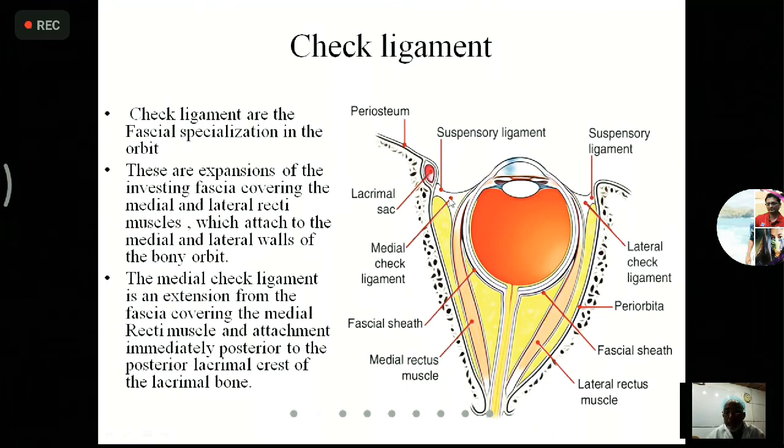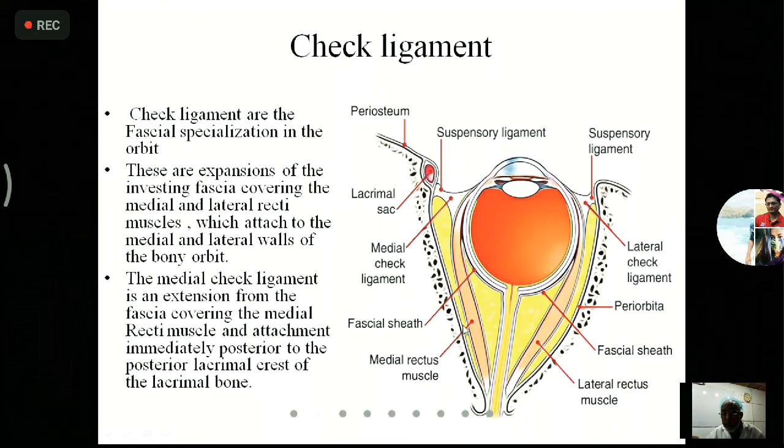This is the medial check ligament, and this is the lateral check ligament. The check ligaments are extensions from the fascia covering the medial rectus muscle and attached immediately posterior to the posterior lacrimal crest and lacrimal bone.